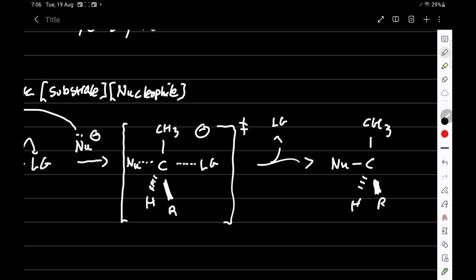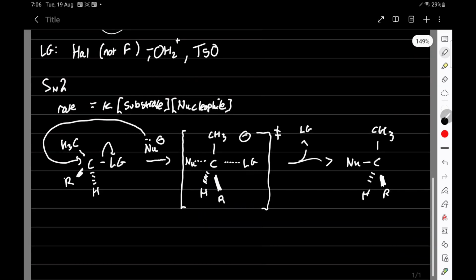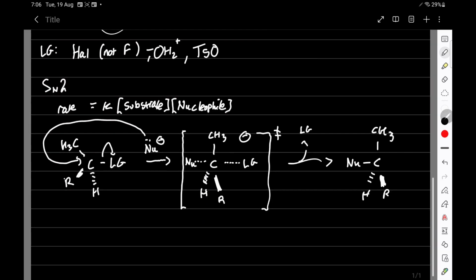Now, something interesting to note about this mechanism with regards to stereoisomers formed. The nucleophile always attacks the carbon atom on the opposite side to where the leaving group is.